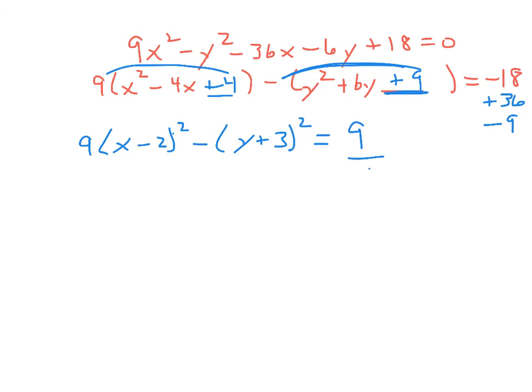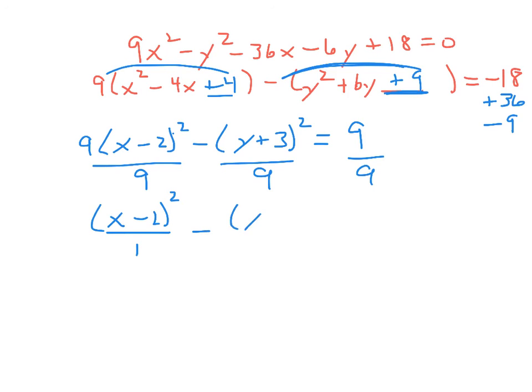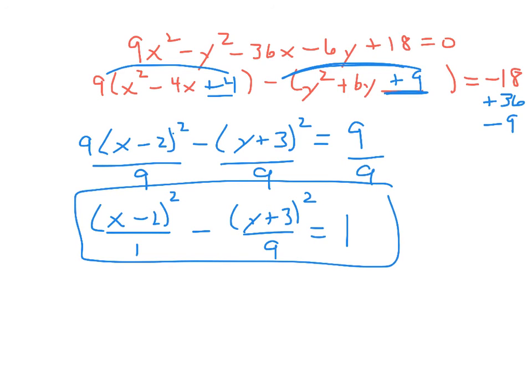So now to get this into standard form, divide everything by 9. That gives me (x − 2)² over 1 minus (y + 3)² over 9 equals 1. And that would be my standard form for that hyperbola.